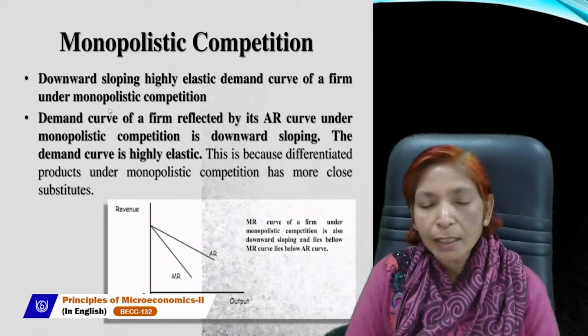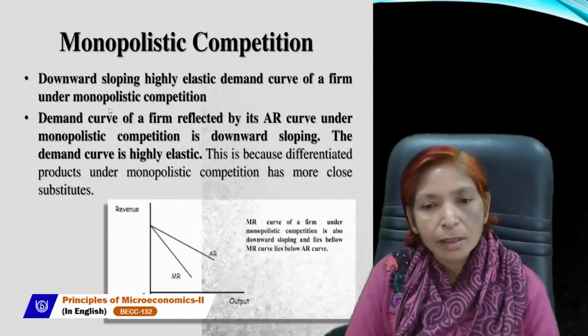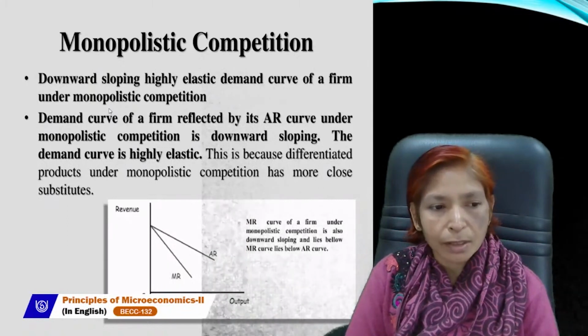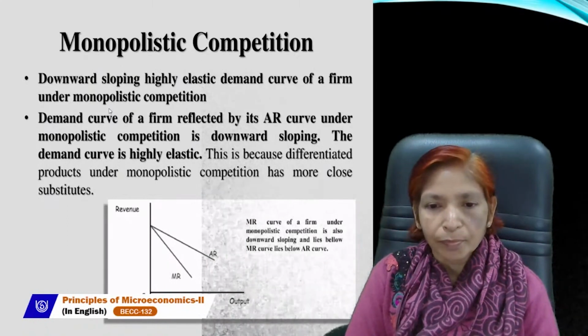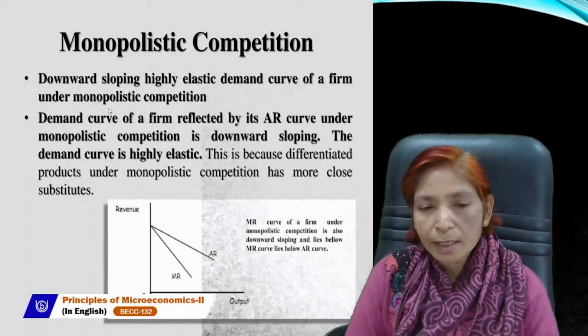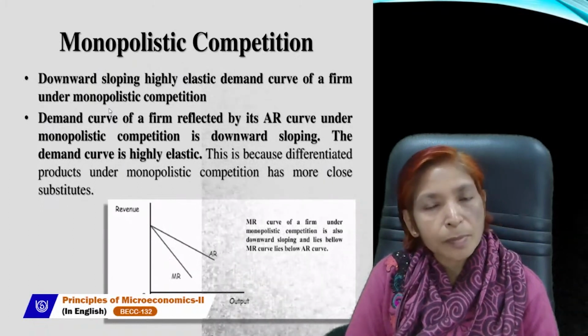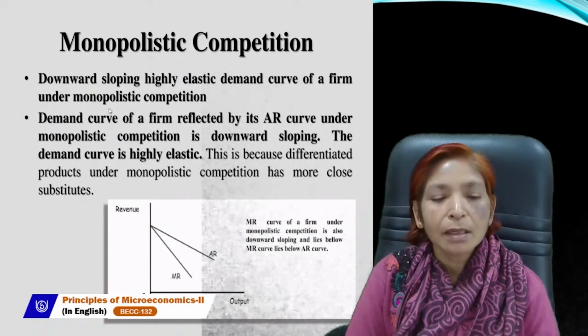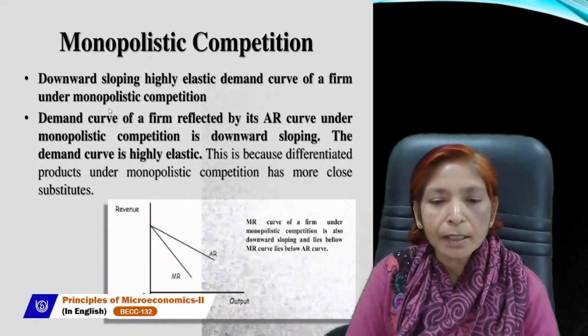Why is this curve highly elastic? This is because differentiated products exist under monopolistic competition. When differentiated products exist, it means more close substitutes are available. That's why this curve is downward sloping and highly elastic.